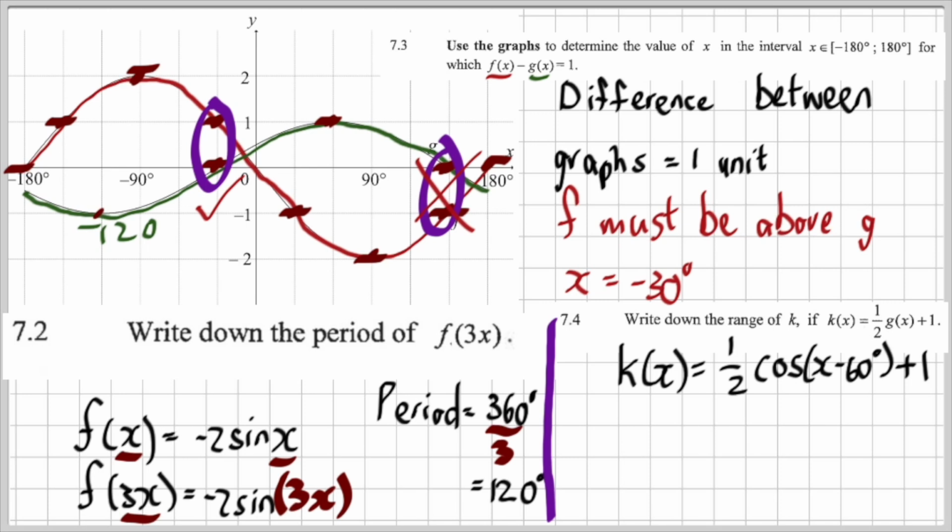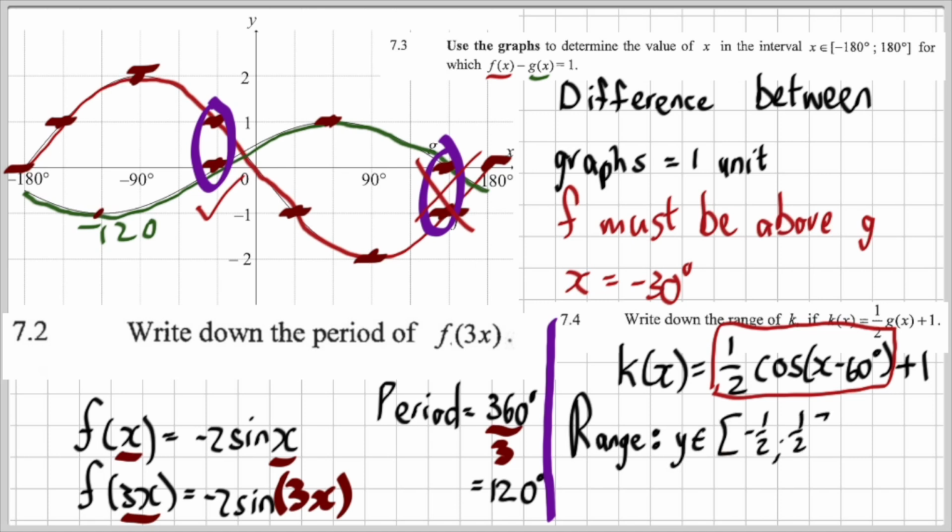What does that half now do? It affects the amplitude, which means my range, so my amplitude is now a half. So if I just look at that first part, the half cos(x minus 60), the range is now from negative a half to positive a half.